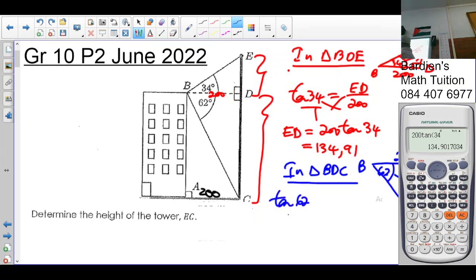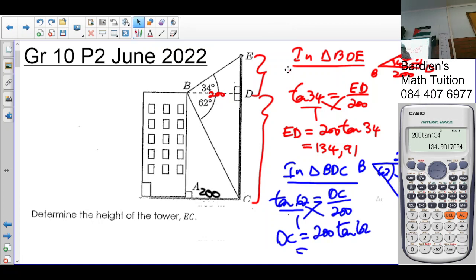So tan of 62 degrees equals opposite, which is DC, over 200. So DC is equal to 200 tan 62 degrees, which gives us 376,15.